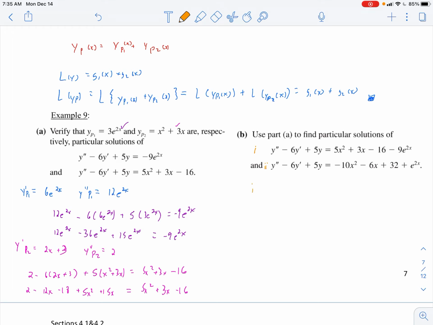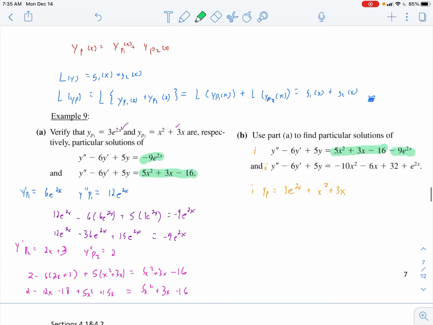The solution to I is just going to be y sub p equal to just the linear combination of the two solutions. So 3e to the 2x plus x squared plus 3x. So there's our solution. Because this could be broken up as that's g of x, that's g of x, so they match the same, minus 9e to the 2x.